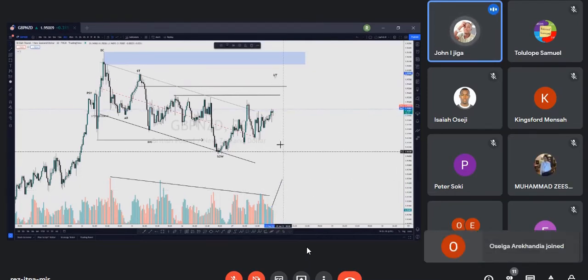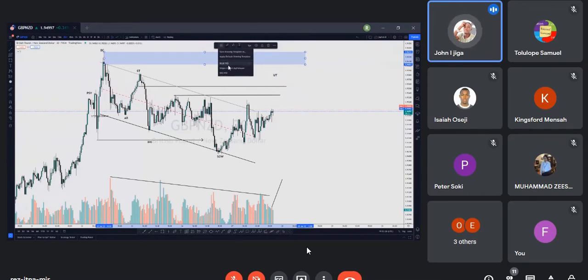So if volume starts to increase, this becomes our area of interest. You know what an area of interest means, right? This is our POI, a point of interest, right? And then this is also an area of interest. If price rises into this high with volume increasing, and then you see a break of structure or a minor change of character on the lower time frame, it's a sign of entry, right?